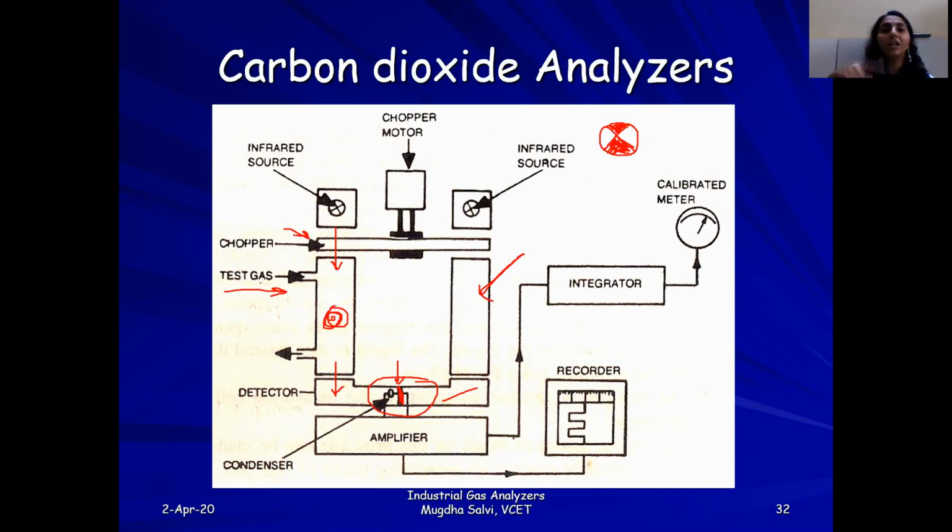But this gives you a continuous waveform as a function of the chopper movement. From that, using a tuned amplifier, we can find out the exact amount of carbon dioxide in the sample entering the sample cell. This is the carbon dioxide analyzer using infrared radiations.